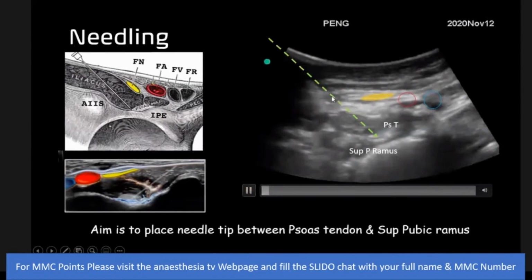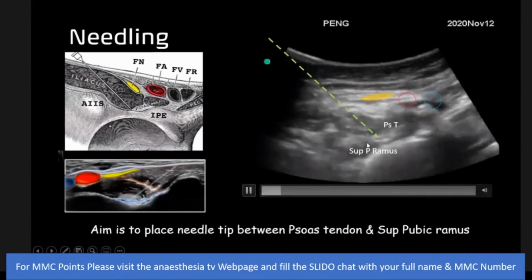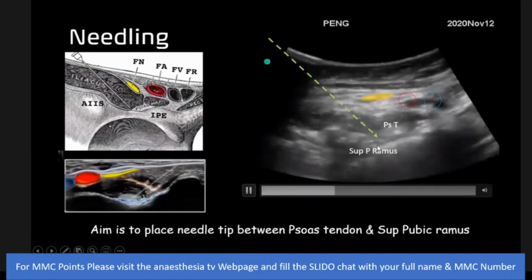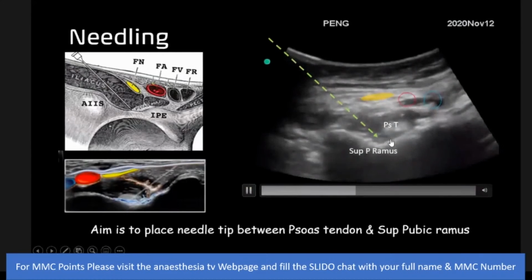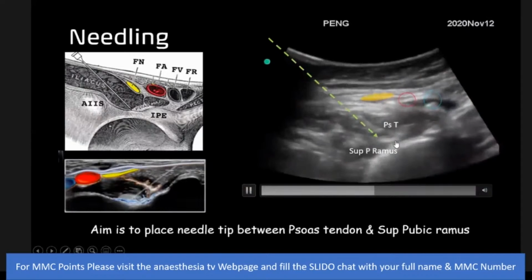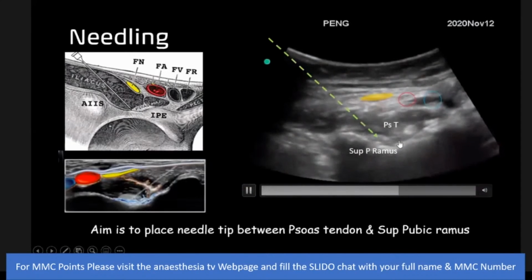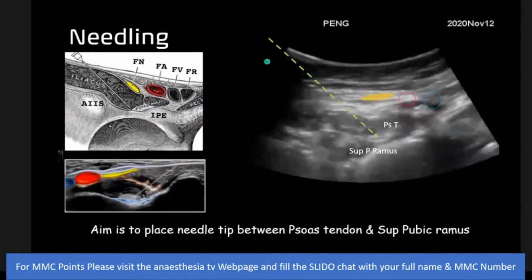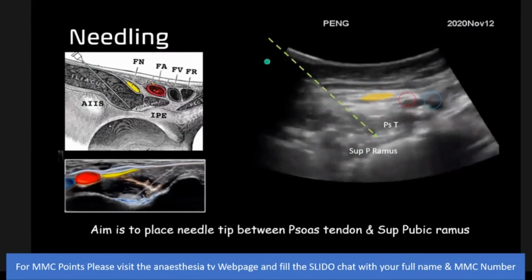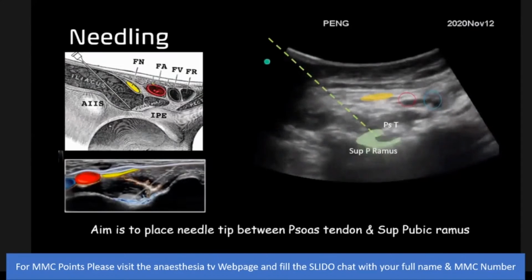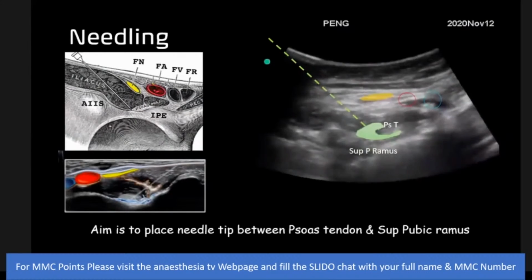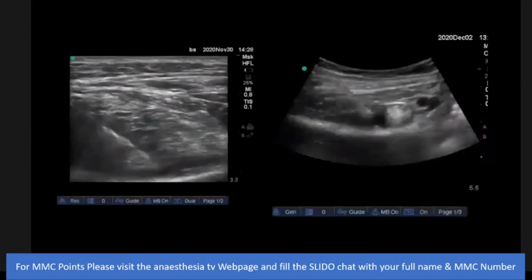Okay, so the drug is deposited lateral to the tendon, lifting the tendon away from the superior pubic ramus. As you can see, the drug sprayed. This is where your drug should be deposited.